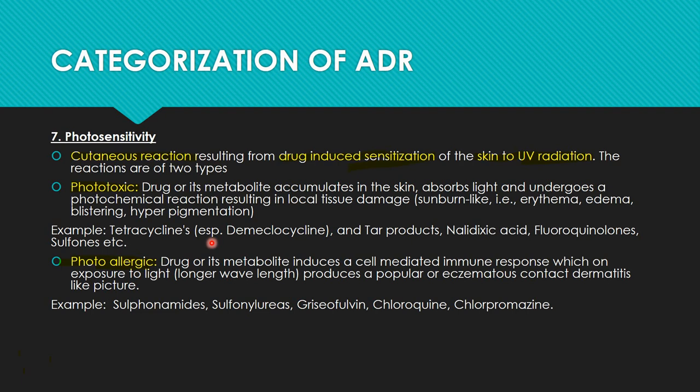A drug or a metabolite accumulates on the skin, absorbs the light and undergoes photochemical reactions. The idea is that phototoxic means toxicity is caused by photons. Photon means the ray of light which penetrates the skin, causing tissue damage and photochemical reactions. Examples are sunburn-like edema, blistering, hyperpigmentation. These are very common examples.